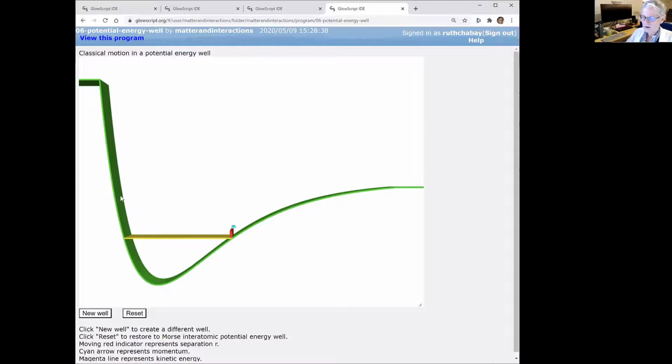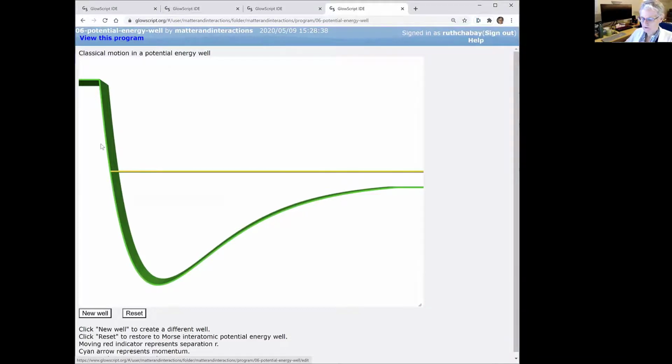Now, if we give it a little more energy, it could oscillate back and forth here. Those are bound states, but if we give it too much energy, then we get K plus U greater than 0, and then it disappears.